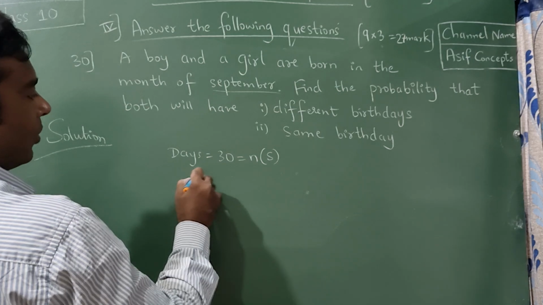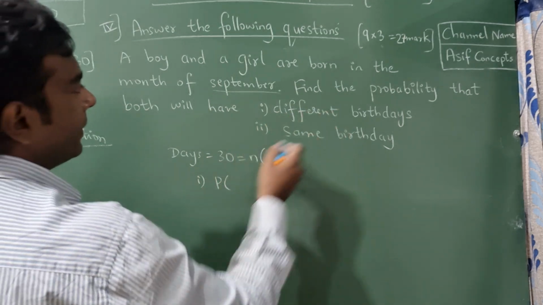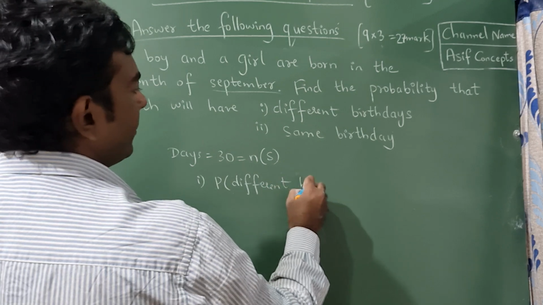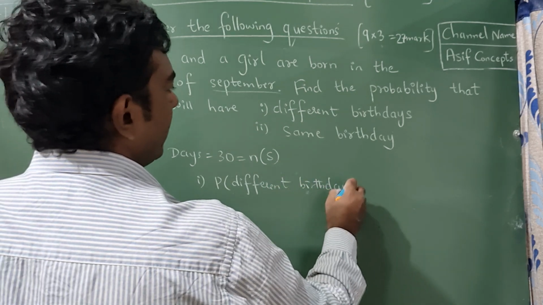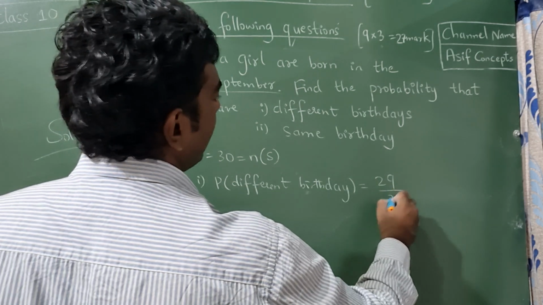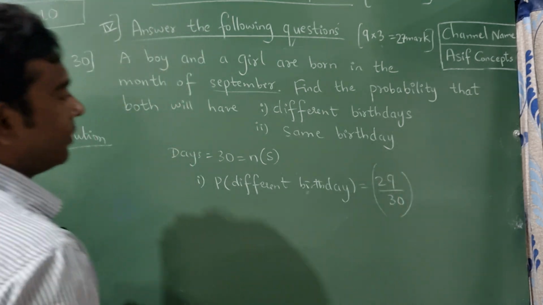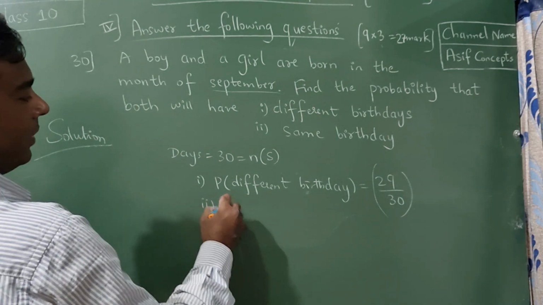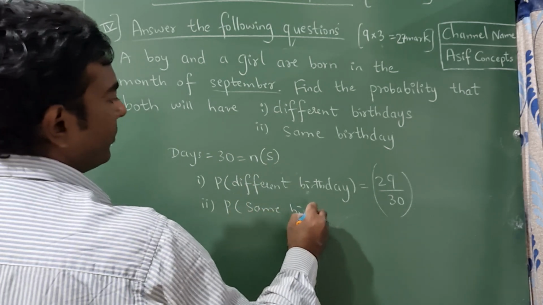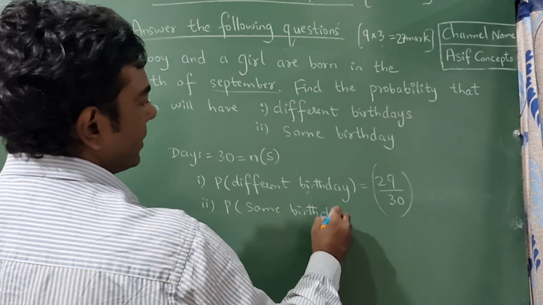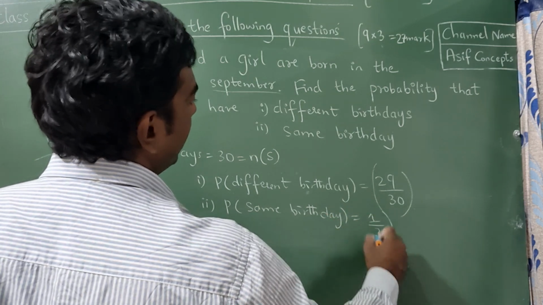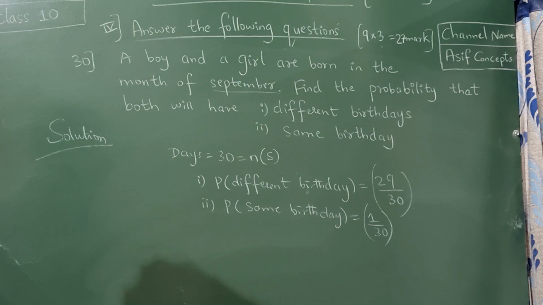Now the probability that they have a different birthday means there are 29 by 30 chances, and the probability of the same birthday means it will be 1 by 30 because it is on the same day.